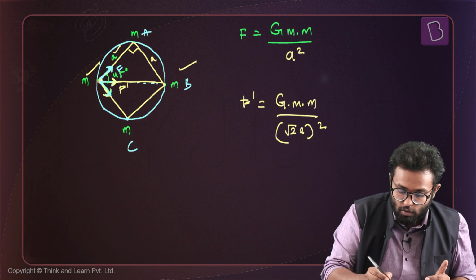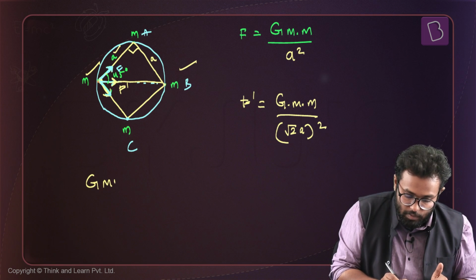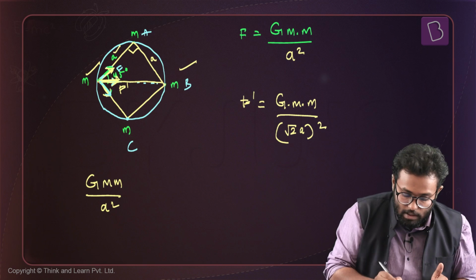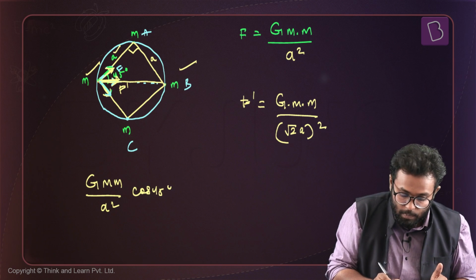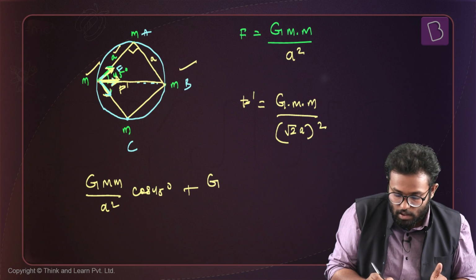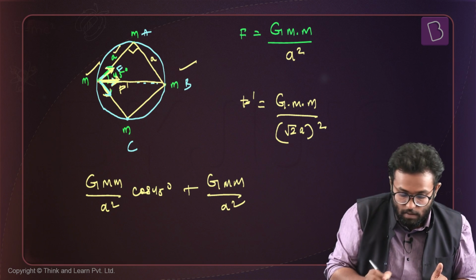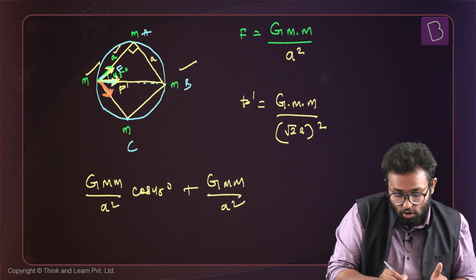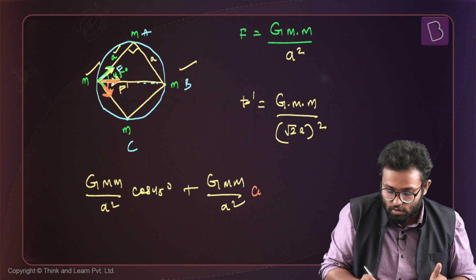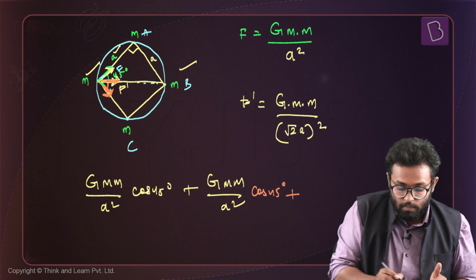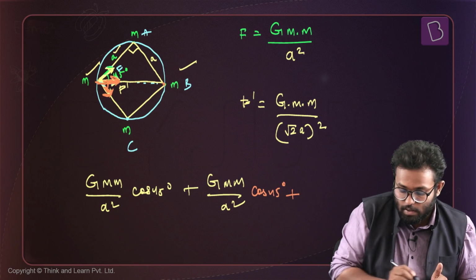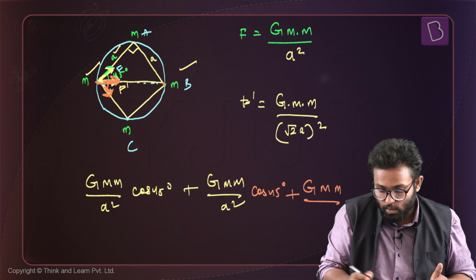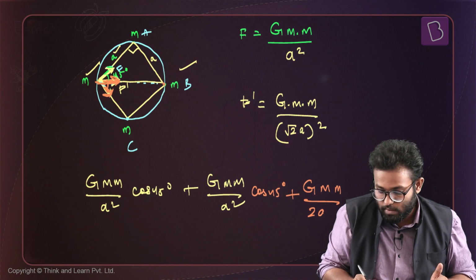So what will be the net force now? Net force will be G m m by A square, this guy, its cos component, that is cos 45 degrees. Then this guy plus G m m by A square, which is this force over here, its cos component here, which is cos 45, plus this force over here, which is because of this mass, that is G m m by root 2 A whole square, that becomes 2 A square, right?